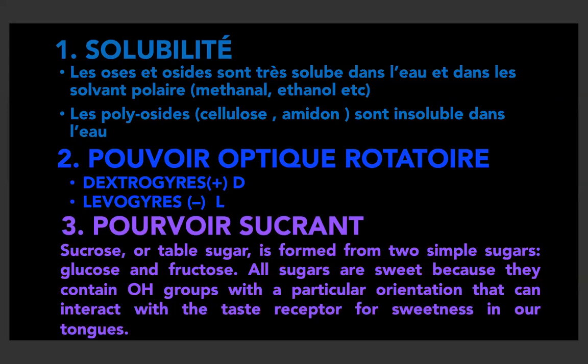Because of the principle of asymmetric carbons, we also have dextrogyl and levrogyl. So when the glucid molecule is subjected to this special light, it will react in a positive way, and that positive way will be called D.